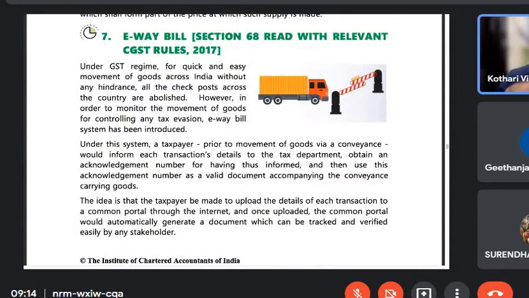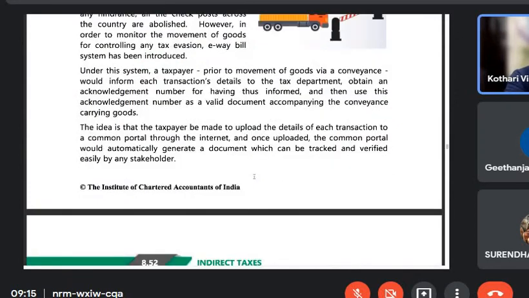Then only the movement of goods should be done. Prior to this e-way bill, there were check posts all over India, and goods were verified to see whether bill documents were there. But now it has been removed because of the e-way bill, because it is mandatory that if goods are transported via a transporter above 50 lakhs or 1 lakh, which we are going to see, then e-way bill is mandatory, right? So e-way bill is for the transportation of goods.